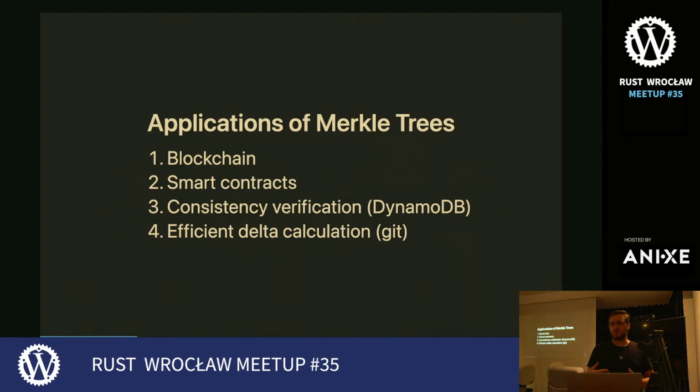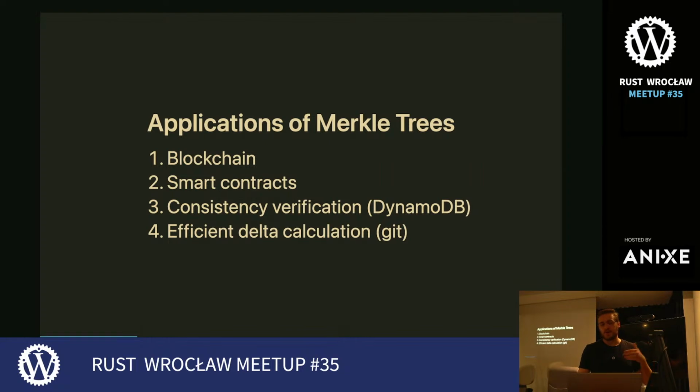Applications of Merkle trees range from, let's face it, probably if you are learning about the Merkle tree, if you're using a Merkle tree, chances are high you're either working in blockchain or you're interested in working in blockchain.